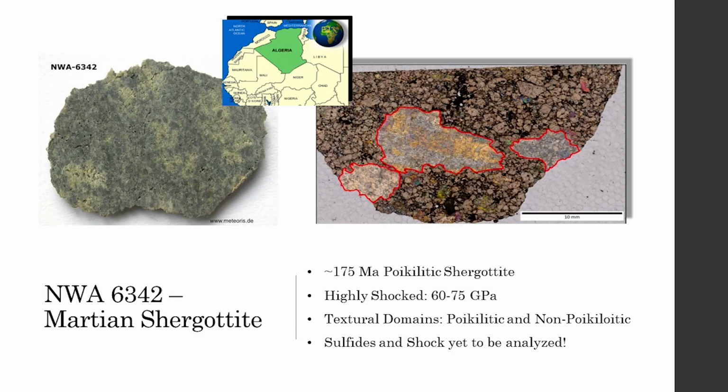And as you can see, there's 2 textural domains in this sample, poikilitic and non-poikilitic, very fun word, but these are just referencing 2 different mineralogical textures that are present that can form when this rock is formed. And what I'm studying specifically are the sulfides, as well as the shock in this meteorite.